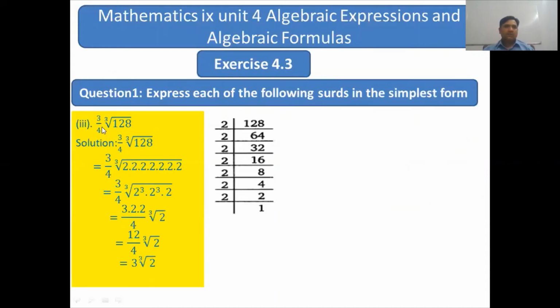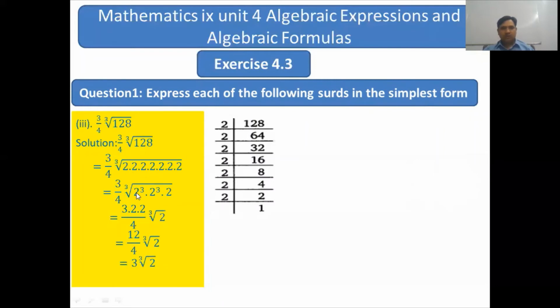Third part, 3 by 4 cube root of 128. So the prime factors of 128 are 2, 2, 2, 2, 2, 2, and I think we have 7 times 2. So this is a cube root, so we can take 3 times 2. So 2 raised to power 3, 2 raised to power 3.